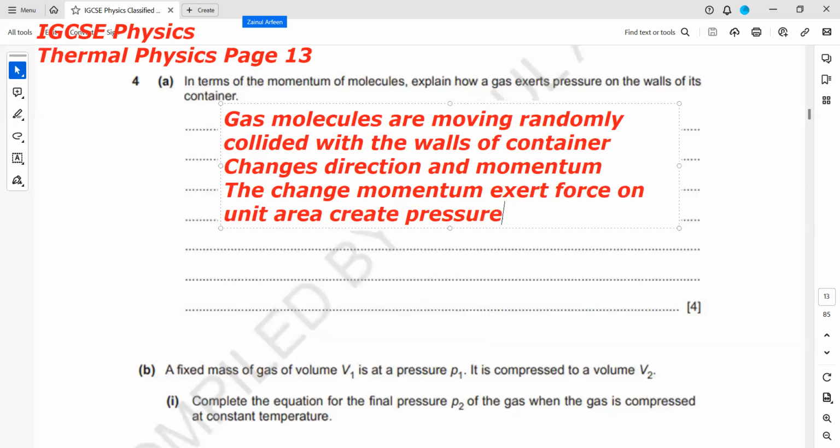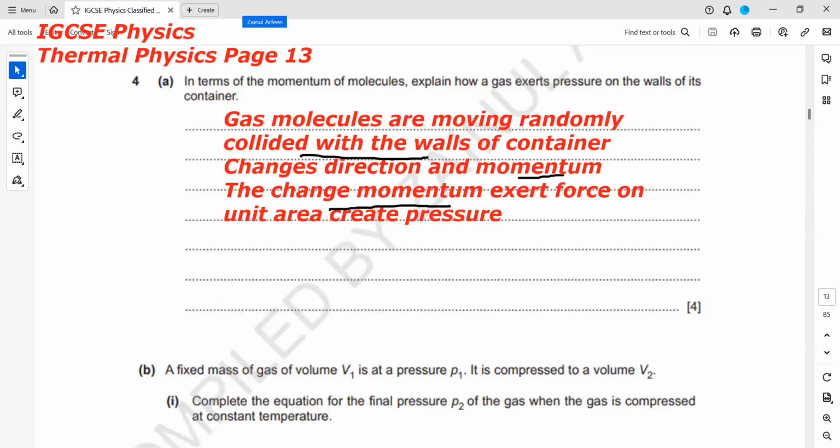How will you score the marks? I'll mention the mark distribution. 1 mark when you mention molecules strike the wall. Sometimes they give the mark for random, sometimes for striking the wall. So molecules move randomly and collide with the wall, this will score 1 mark. Momentum changes direction, or change in momentum, will score another mark, the second mark.